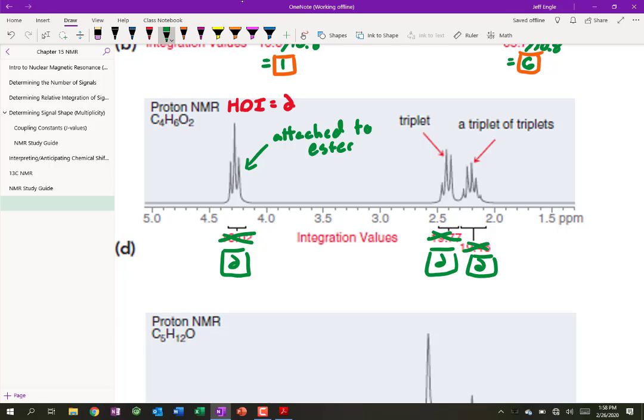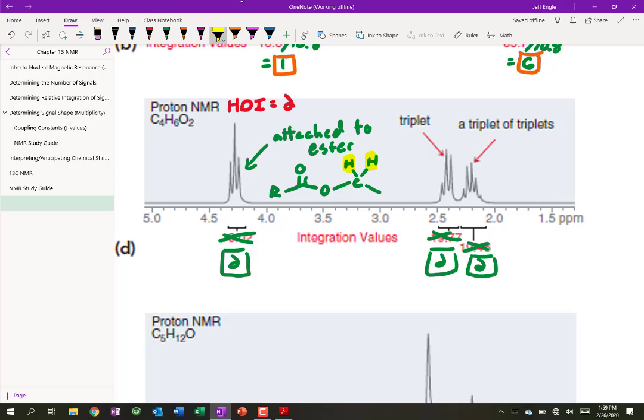All right, so let's try to figure out what's going on. I'm just going to call this an R group. Then over here, I've got a carbon. So these 2 protons are attached to that ester. It could explain why they're showing up at about 4.3 ppm, right? Make sense so far?